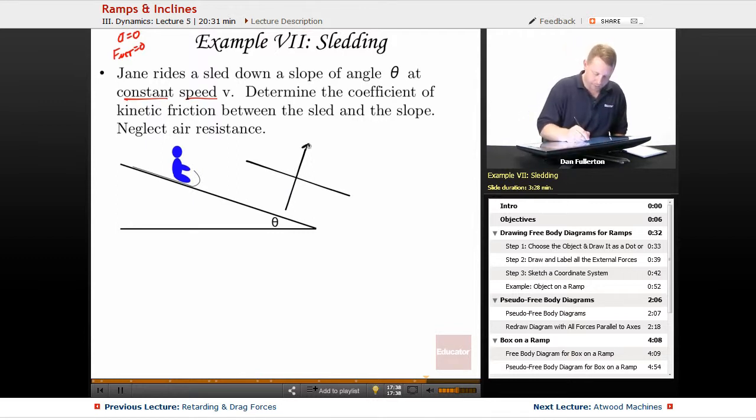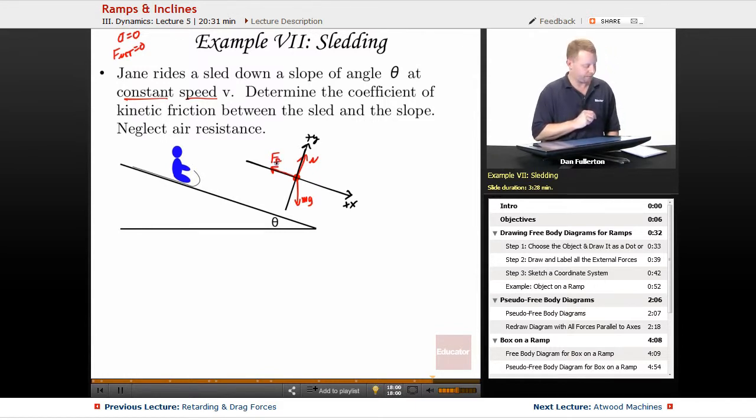There it is. We'll call this our plus y, and that's our plus x direction. There's our object, Jane and sled. We have a normal force out of the plane of the hill. We have mg, force of gravity down, and some force of friction opposing motion. All right, from there we can do our pseudo-free body diagram. Let's put that over here on the right.